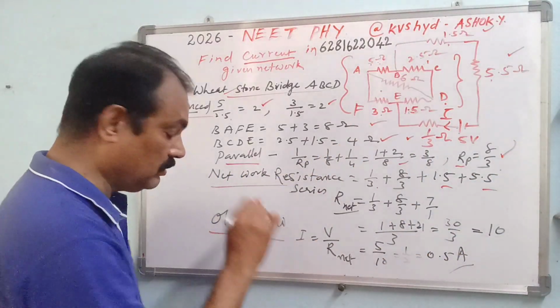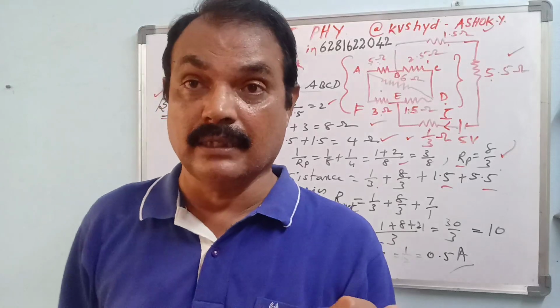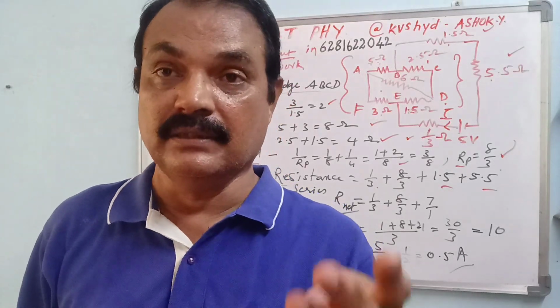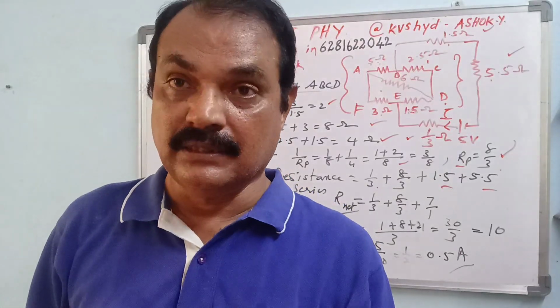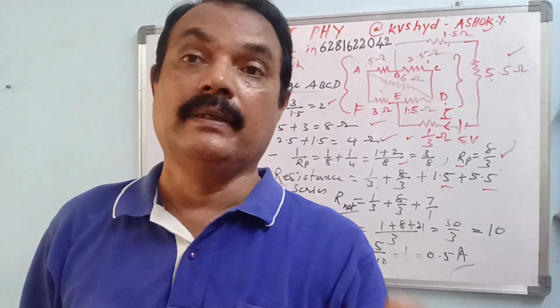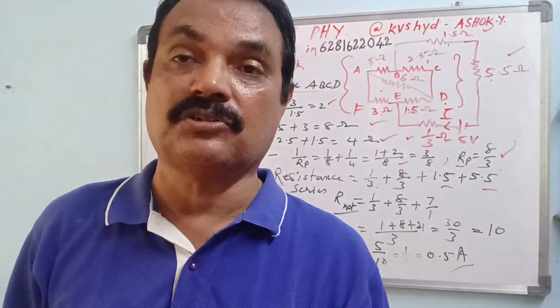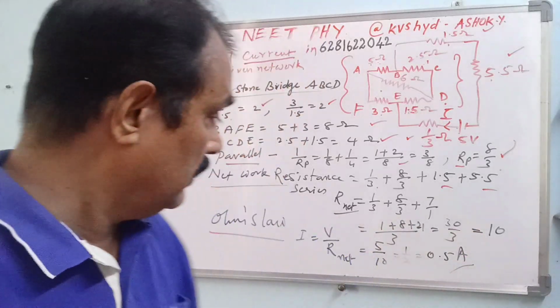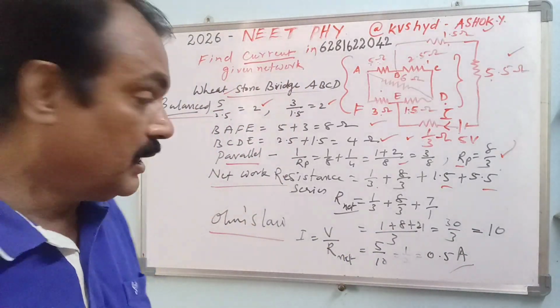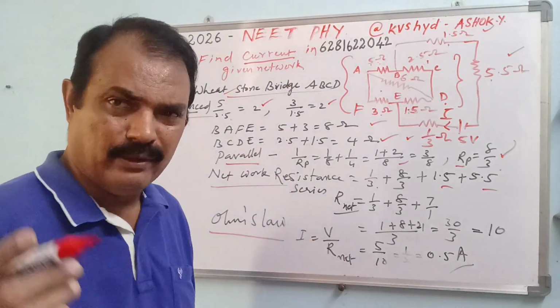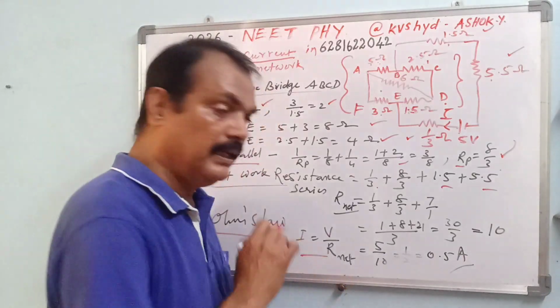Then once again you have to remember Ohm's law. How many things you have to remember: first series combination formula, parallel combination formula, then the Wheatstone bridge network. Then again Ohm's law, V equal to IR, which you know, I don't want to discuss. You have seen this from 10th class onwards.